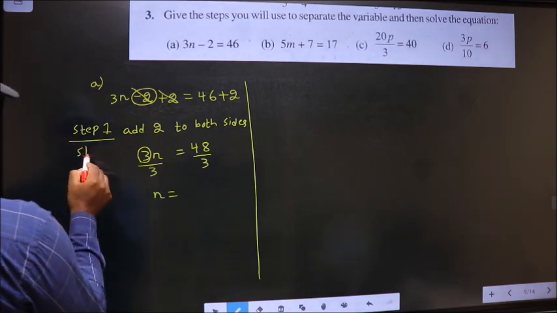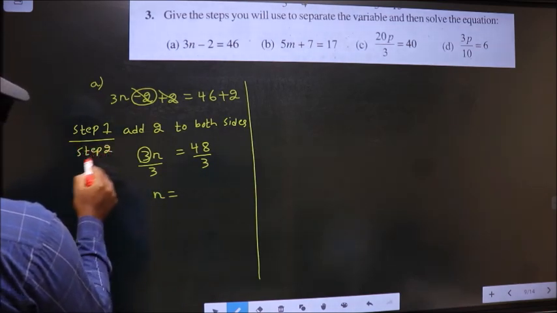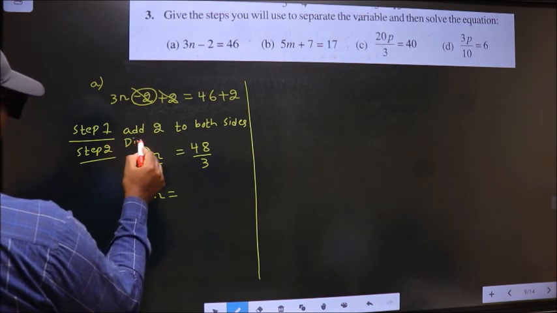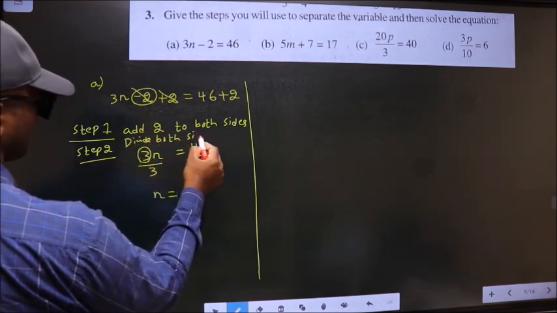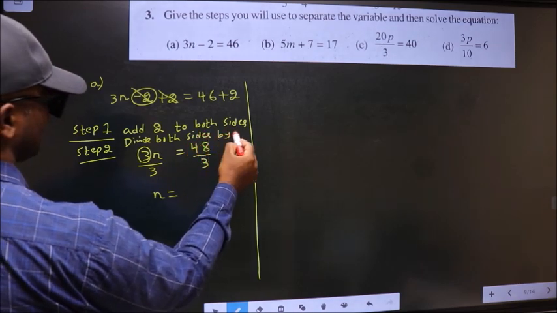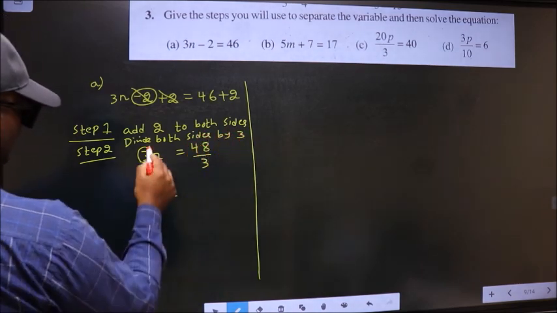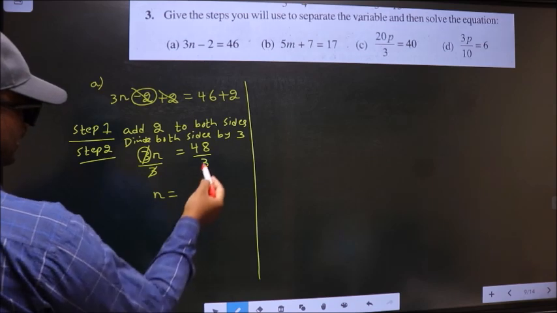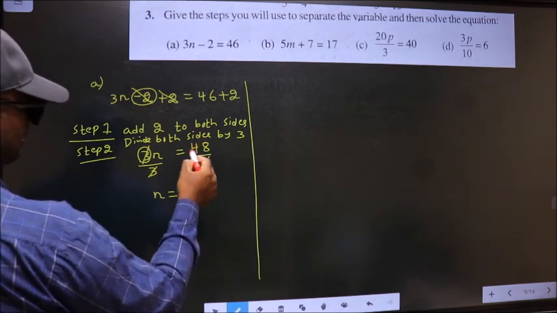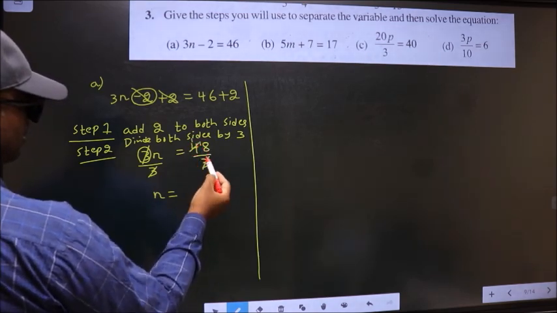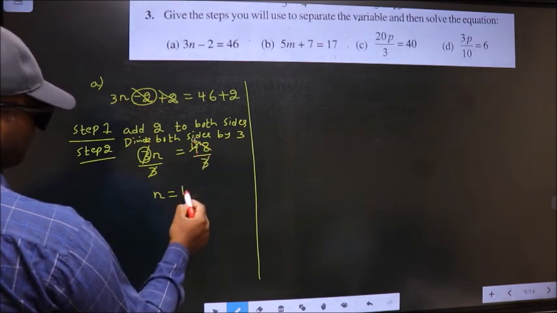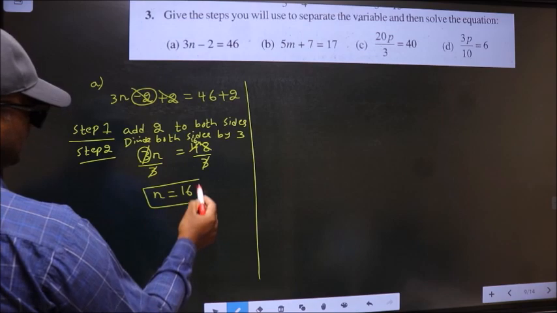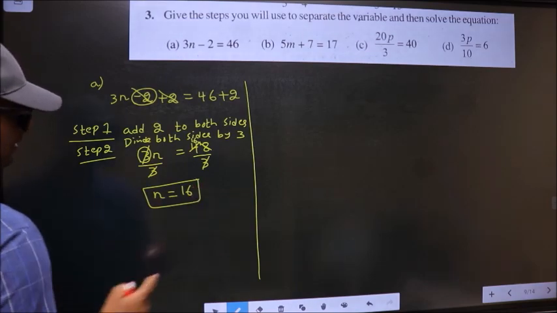So, your step 2 is divide both sides by 3. So, now 3 cancels out, you get n, and here 3 ones, 1 carried forward 18. When do we get 18 in 3 table? 3, 6, 18. So n equal to 16 is our answer.